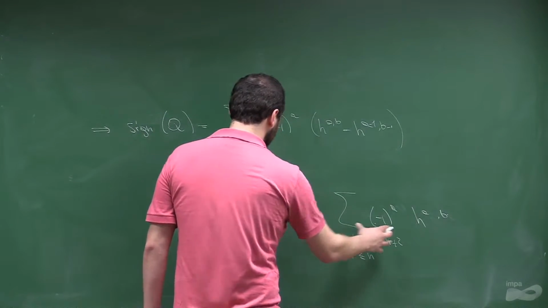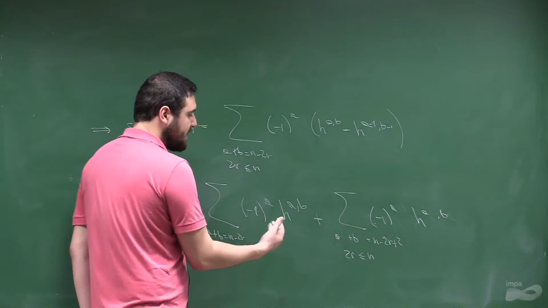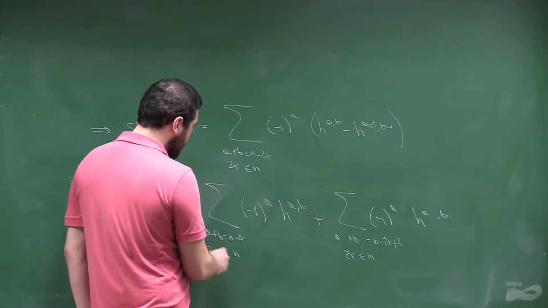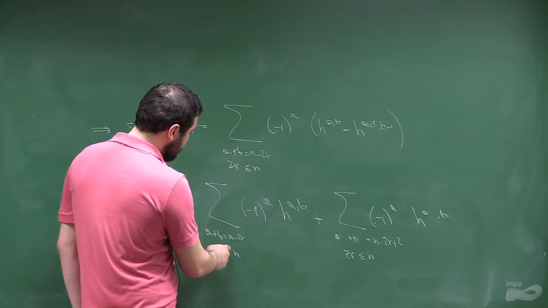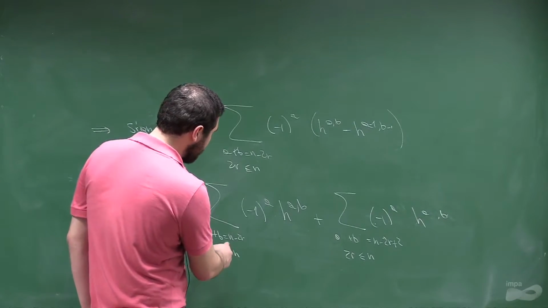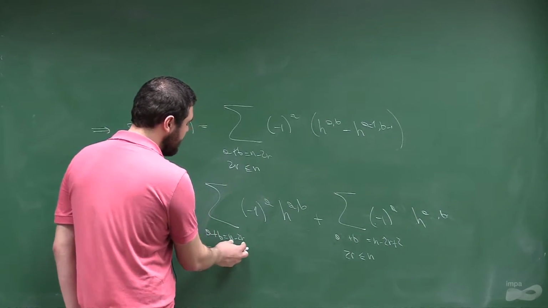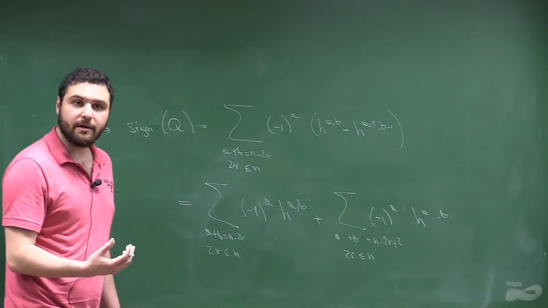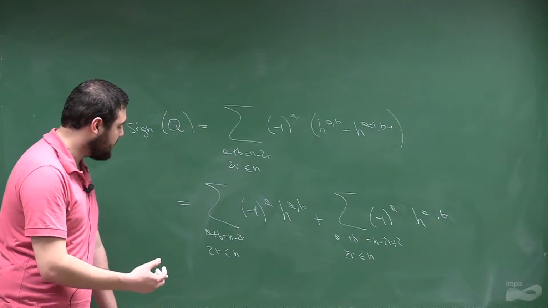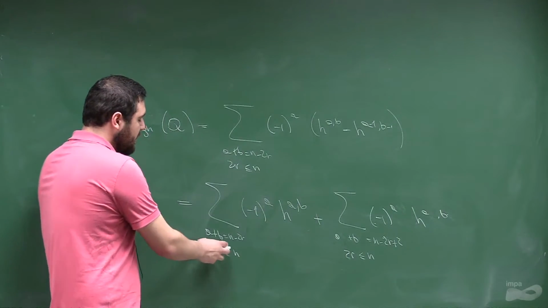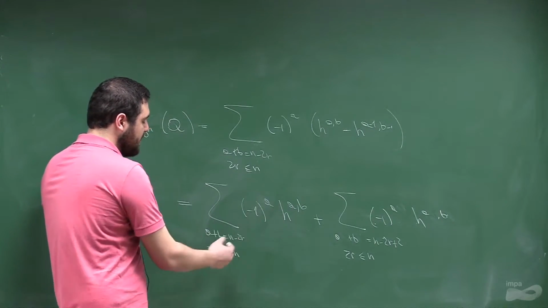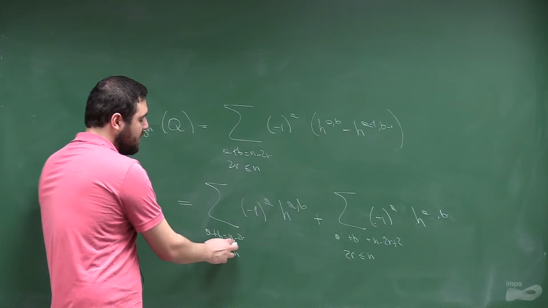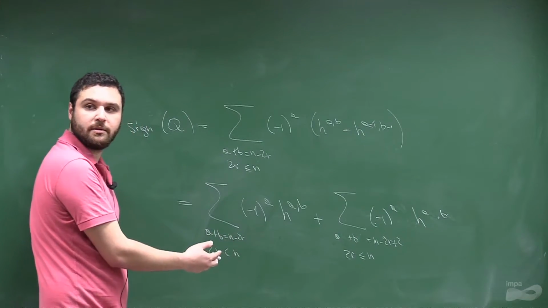I mean, this sum will be equal to this sum, except in the case a plus b equal to n minus 2r. I mean, right? For every 2r less or equal than n, the one that we are not having here repeated is the a plus b equal to n minus 2r. Right?